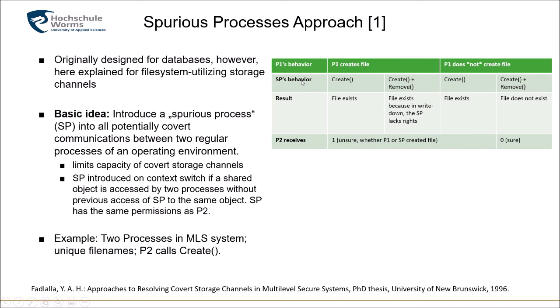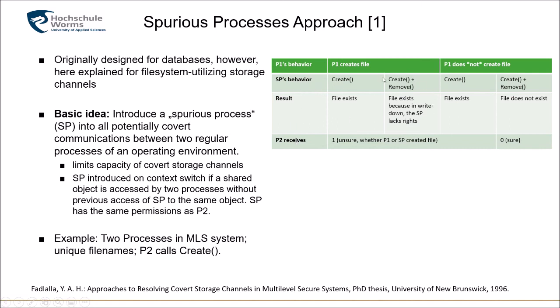So the idea here is that the covert receiver process would now be called, get some computation time, and would like to access the same resource, namely the file that P1 created or did not create. And because of that, the operating system would now introduce the spurious process.